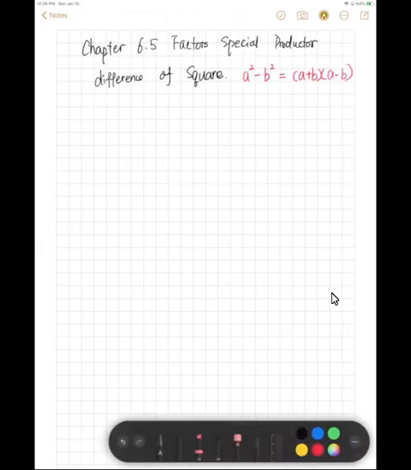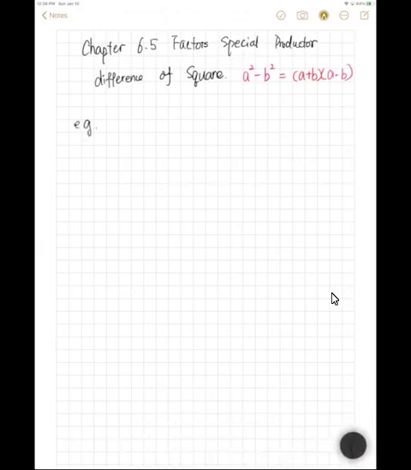Okay, so first example, x squared minus 16 is equal to, look, you can see subtracting two perfect squares. So the square roots are x and 4.